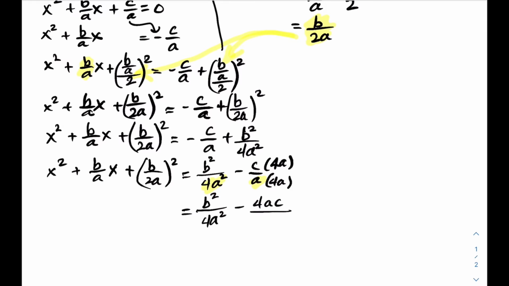That gives me 4ac over 4a squared. Recopying again.